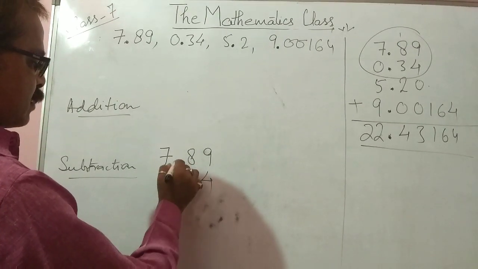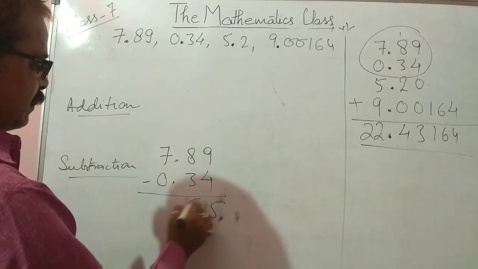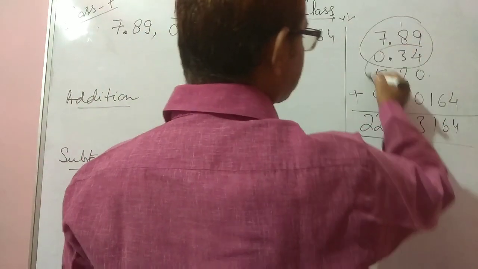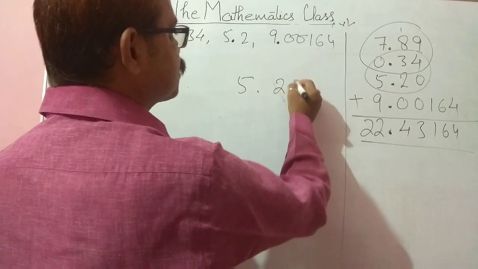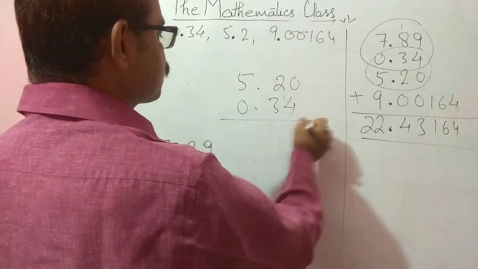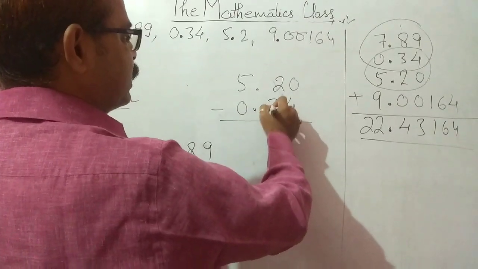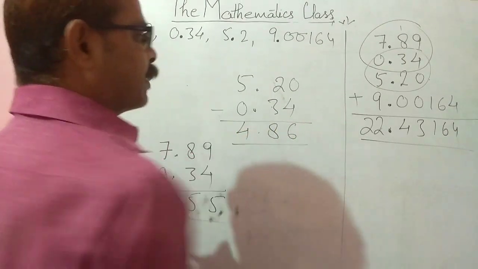So the decimal should come, and then simply say 9 minus 4 is 5, 8 minus 3 is 5, and this becomes 7.55, the answer. Suppose we need to subtract 5.20 minus 0.34. So simple, decimal should come under decimal. 10 minus 4 is 6, and 3 and 8 is 11, and this is 4. So this is the value.